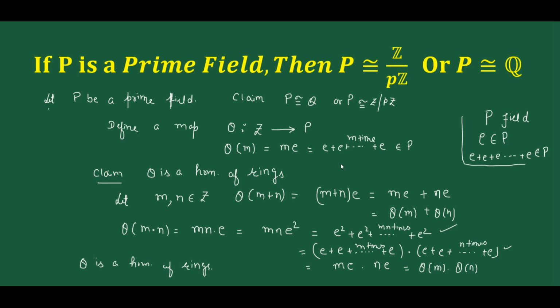We have completed two steps of the proof. First we defined a map, secondly we proved that theta is a homomorphism of rings. Now the third task is to find the kernel of theta.